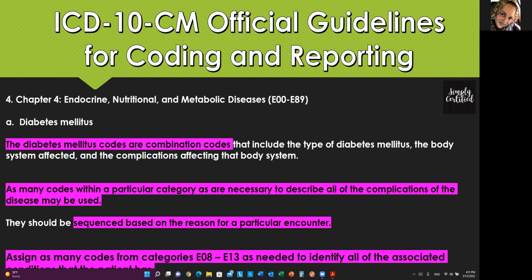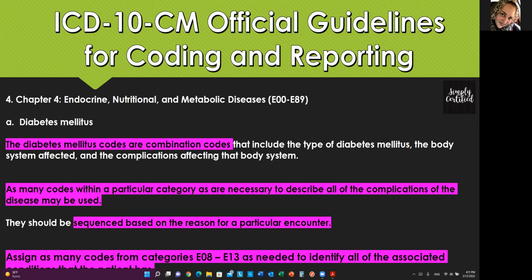But the provider is also considering that the patient has other complications of this diabetes. They may even be addressed today, but it's not the reason that they came in, right? So in that case, you would use the code for that diabetes with the hyperglycemia as your primary diagnosis, followed by all of those complication codes.